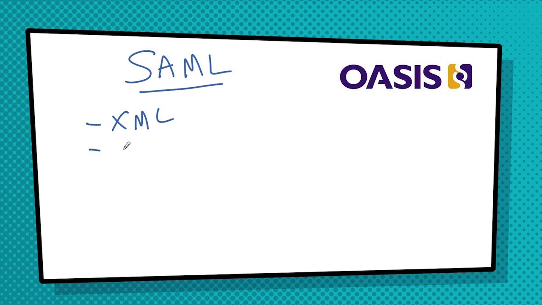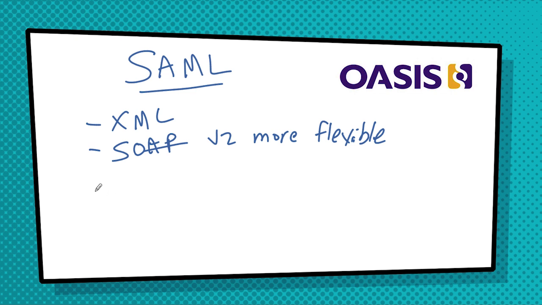Previous versions of SAML relied on SOAP over HTTP, but newer versions, from version 2.0 onwards, have a little more flexibility because they support flexible bindings, and if exchanges are between the user and the identity provider and the user and the service provider, then SOAP is not necessary, right?